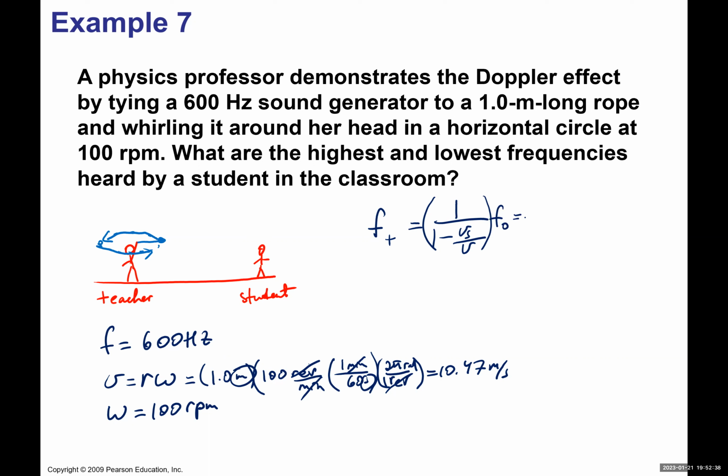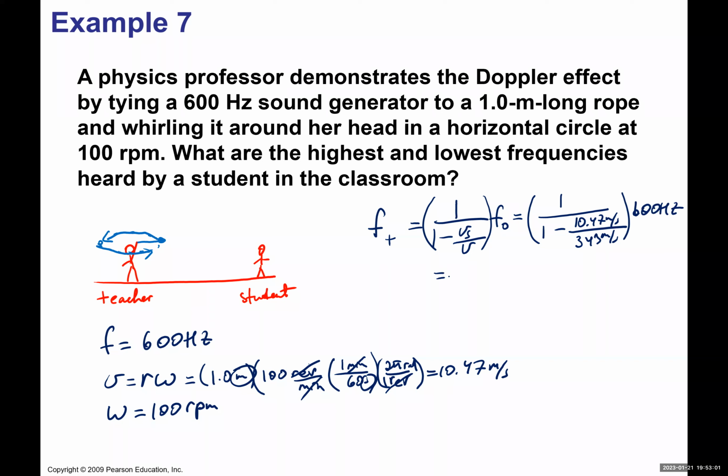So we calculate 1 minus the source velocity, 10.47 meters per second, over the speed of sound in air, 343 meters per second, times the frequency of the generator, 600 hertz.